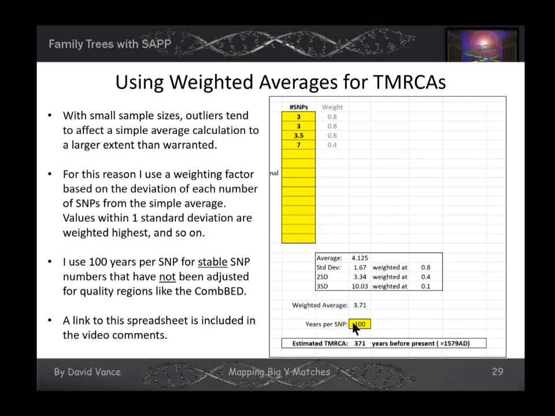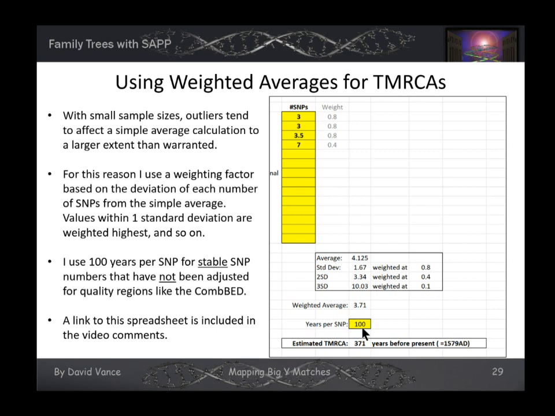If I do that, I tend to use 100 years per SNP when the only quality control that I've done is to eliminate the SNPs in unstable regions, and I haven't narrowed the SNP count down to within something like a combed region that's a high quality region. If I did that, I would raise this number further. In fact, Y-Full uses an estimate of 144 years per SNP for their combed region. So if you did narrow the number of SNPs down to just what's in the combed, you could use 144.